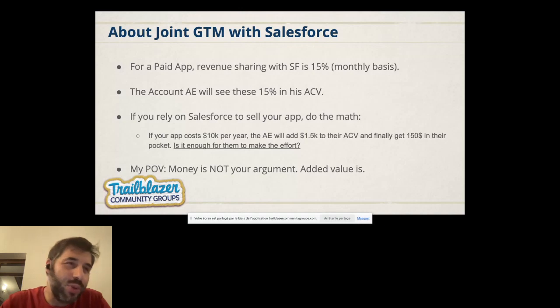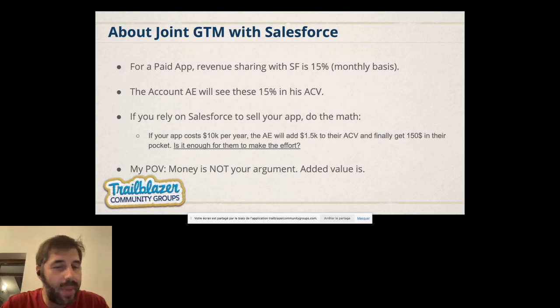It can be good news for him, and he can help you sell the product, but it depends on the amount. Sometimes I see some software vendors just launching apps with low prices and thinking that the account executive will make the effort to sell them to their customer, but don't make it a money topic.